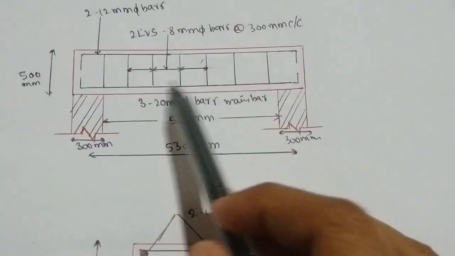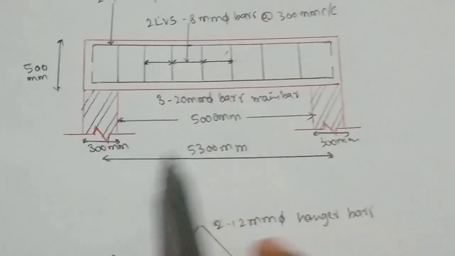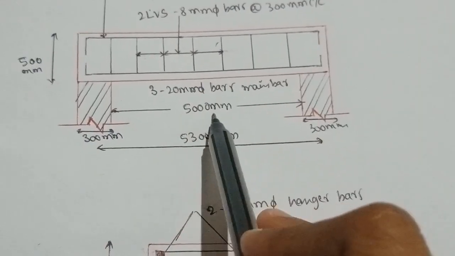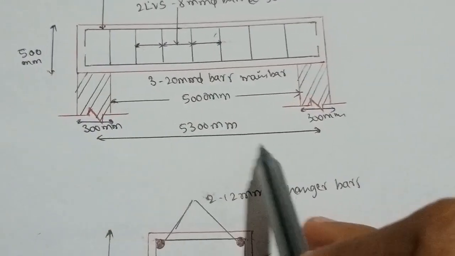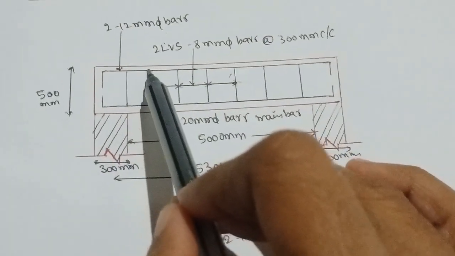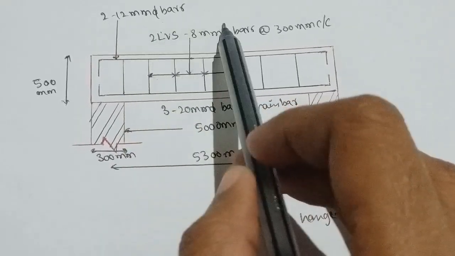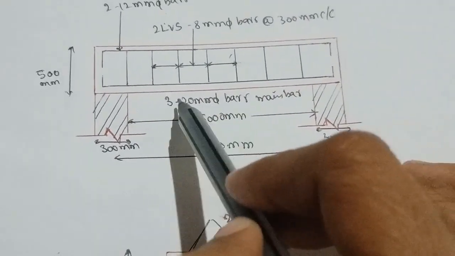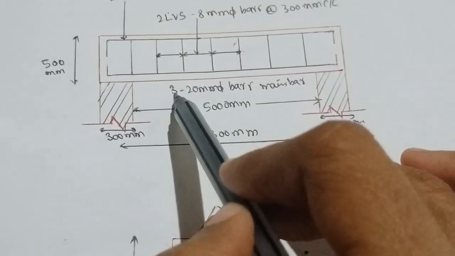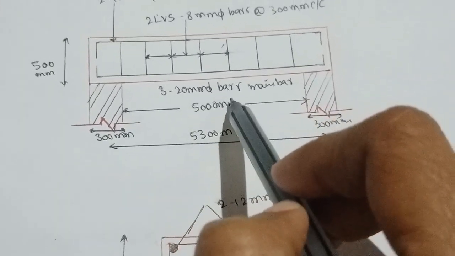So this is the beam, having supports of 300 mm, a clear span of 5000 mm, and an effective span of 5300 mm. And this is the anchor bar. At the top side there are two numbers of 12 mm diameter bars, and at the bottom side is the main bar, that is the tension reinforcement, three numbers of 20 mm diameter bars.